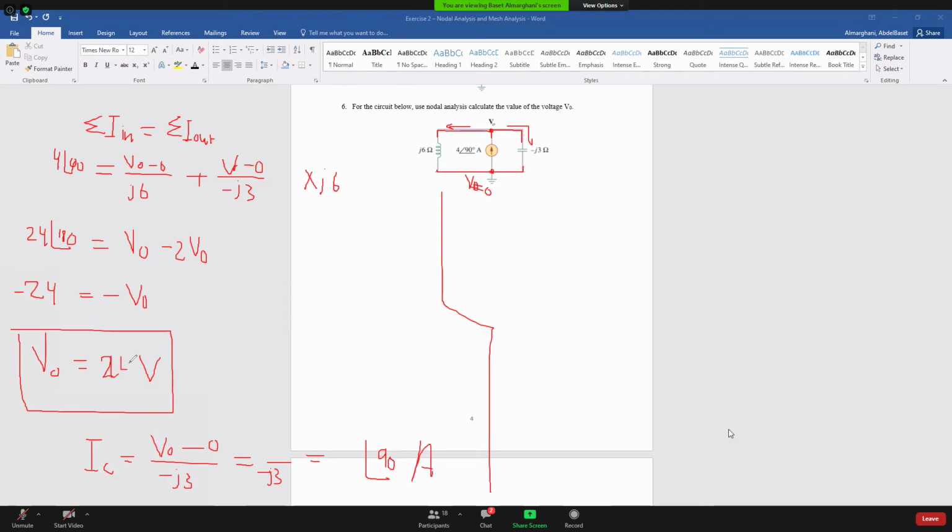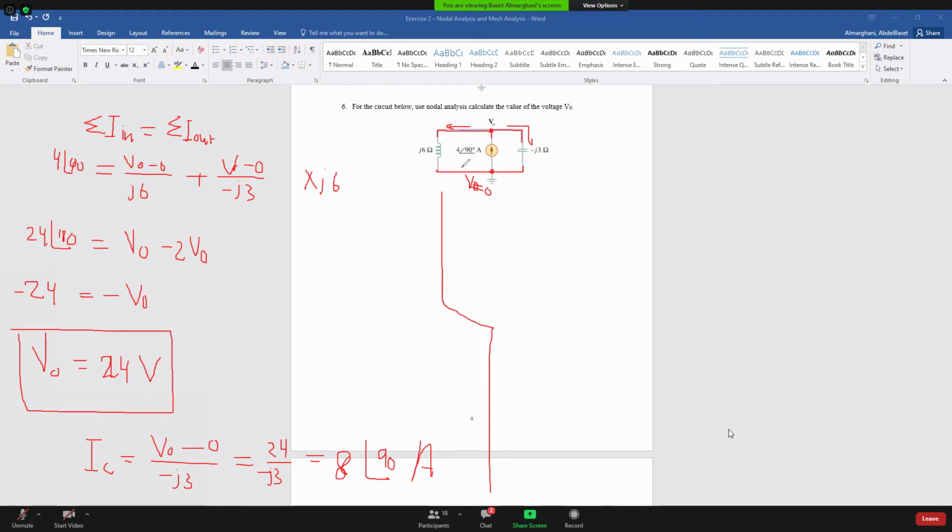I don't know why I put a 12. And here is 24. Oops, 24. Thinking of 24, writing 8, I already divided because it's divided, so it's 8. Good that you guys are actually paying attention.